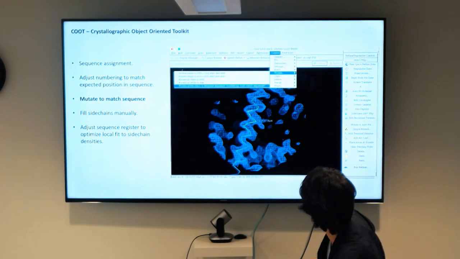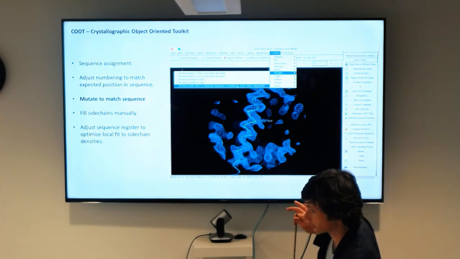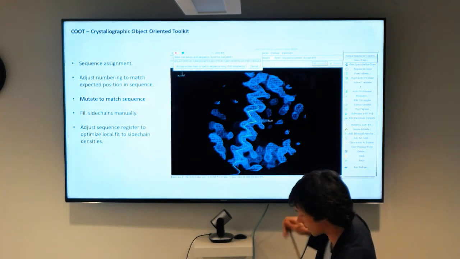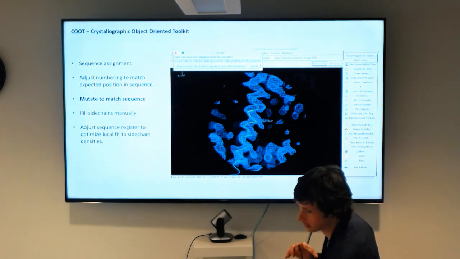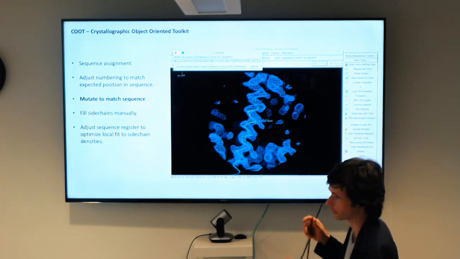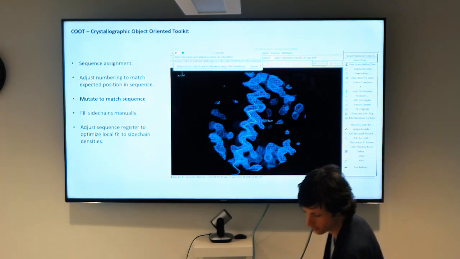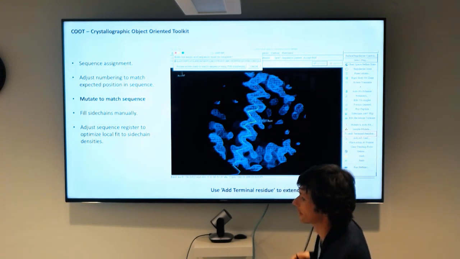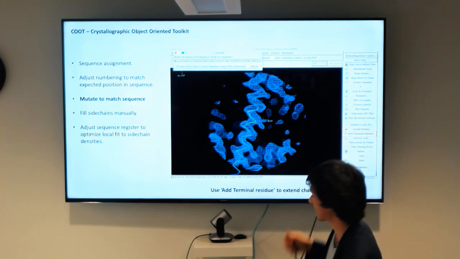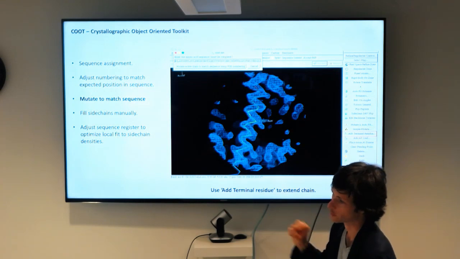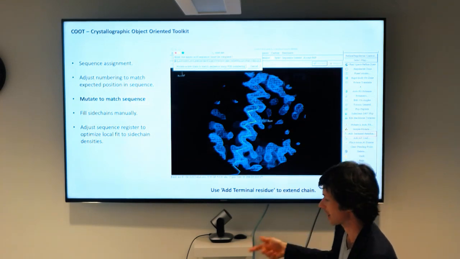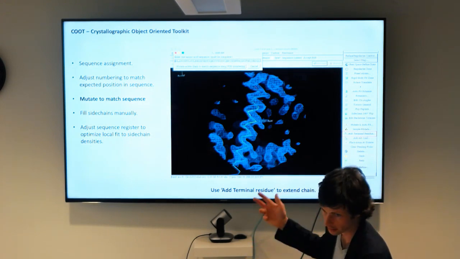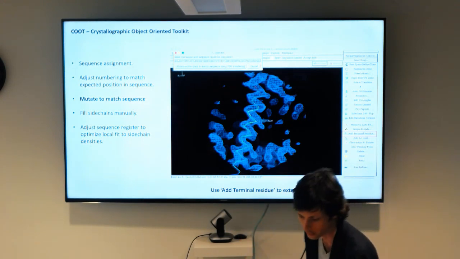And then you can mutate that region to the sequence by just pasting your sequence into the text box. It'll strip out all the formatting characters or anything that's not an amino acid automatically. And this is a way to test different sequence registers. So you can try this candidate numbering for that amino acid, try another one, mutate the whole sequence, and see if it's consistent with the density.